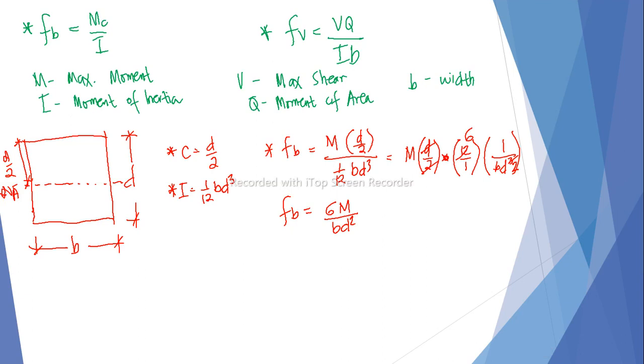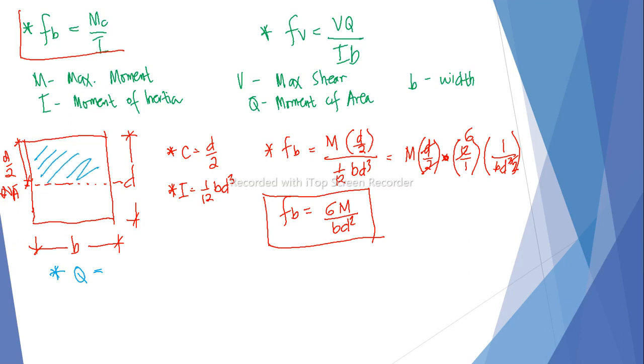We have this formula for the bending stress, 6M over BD squared. Next, for our shearing stress, the maximum Q is just equal to the area, base times height, which is B times D over 2, times Y bar, which is just this distance.